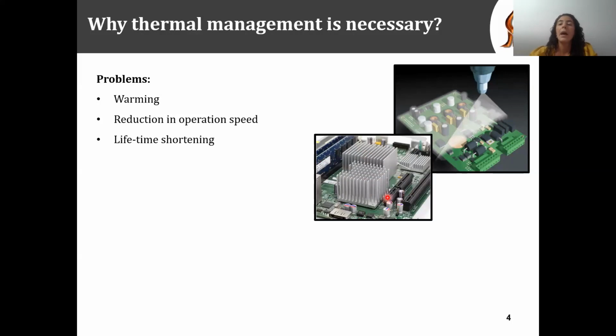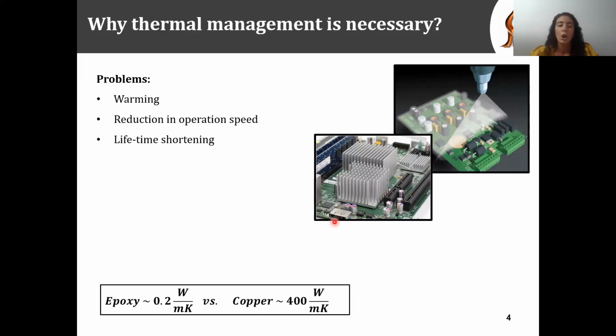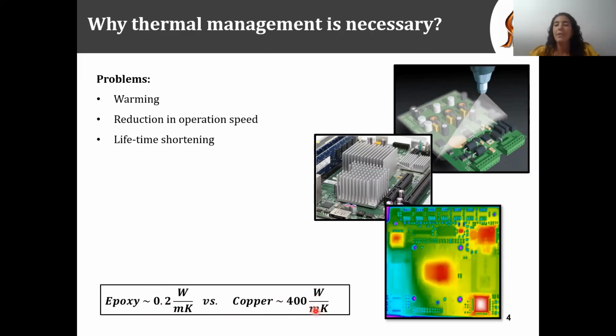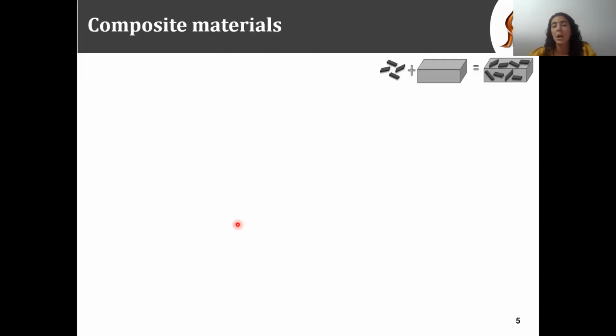Unfortunately, polymers have a low thermal conductivity compared to metal fins: epoxy has 0.2 watt per meter Kelvin, while copper has 400. Insufficient thermal management can lead to heat accumulation and consequently malfunction in the systems. Therefore, my goal is to develop a thermally conductive polymer with very high TC values for thermal management applications.